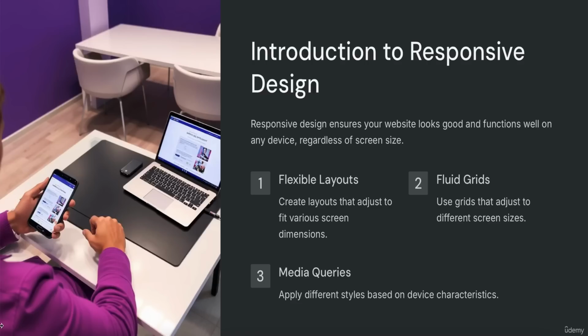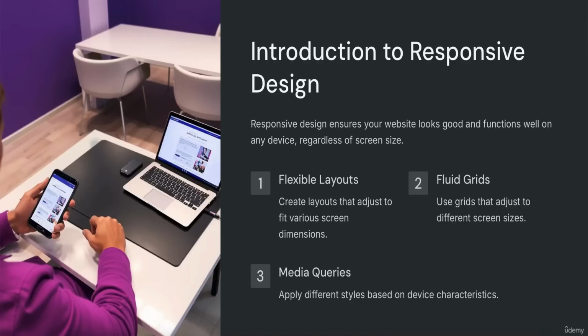Without responsive design, websites may look great on one device but be hard to navigate or even unreadable on another. Think about when you visit a site on your phone and have to pinch and zoom to read anything. That's what we want to avoid.